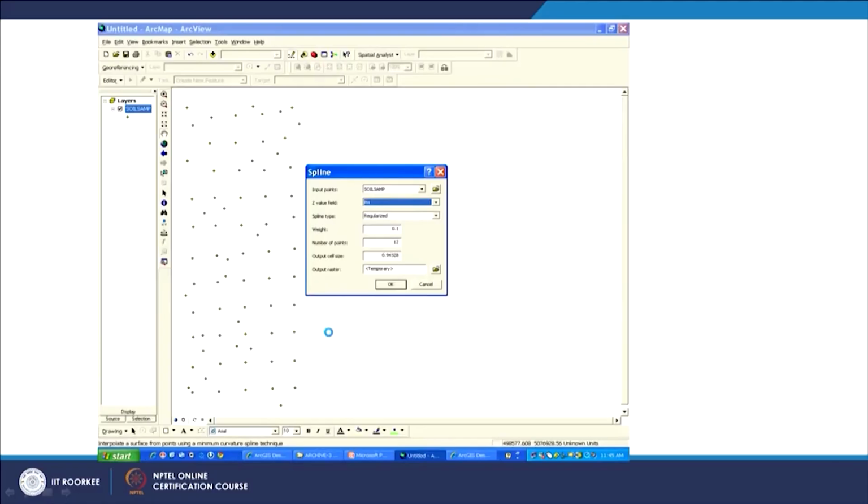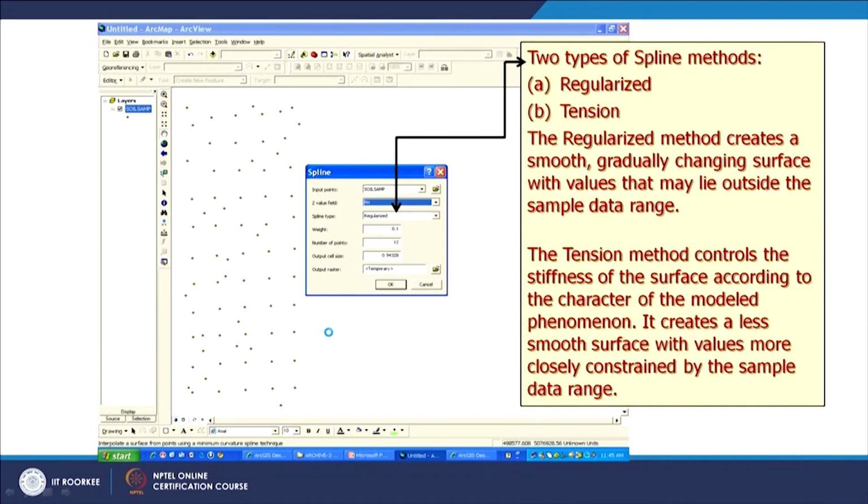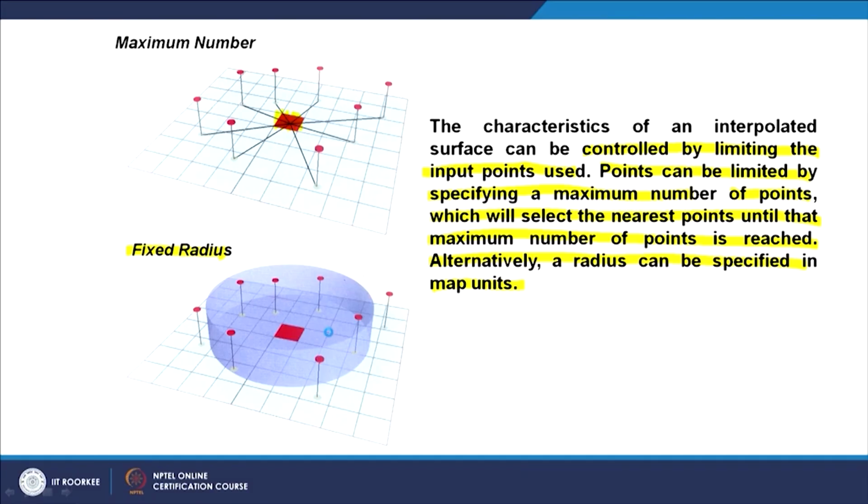So, both options are there, and the search radius can be controlled either with the maximum number or by giving a search radius.